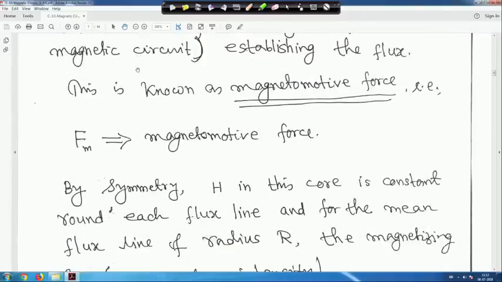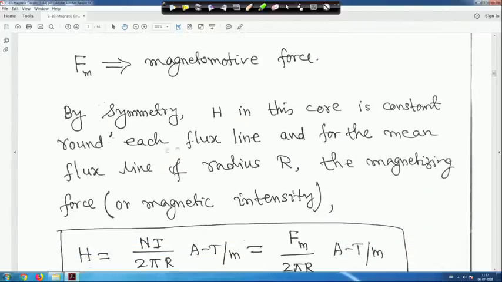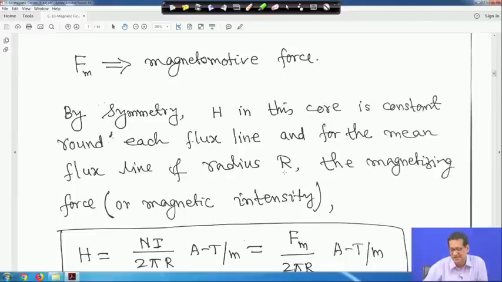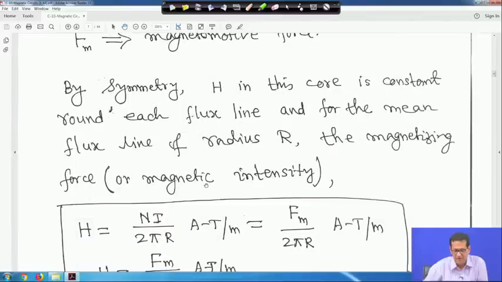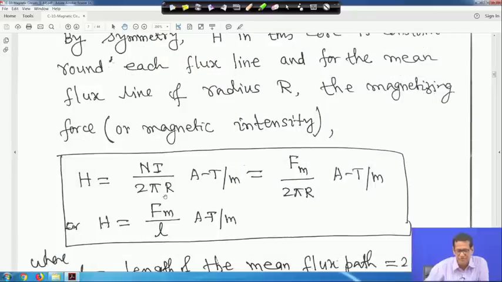By symmetry, H in this core is constant, because it is the same right around each flux line. For the mean flux line of radius capital R, the magnetizing force or magnetic intensity can be written as H equal to Ni upon 2 pi r. Earlier we wrote I upon 2 pi r, but here you have n number of turns, so H is equal to Ni upon 2 pi r.